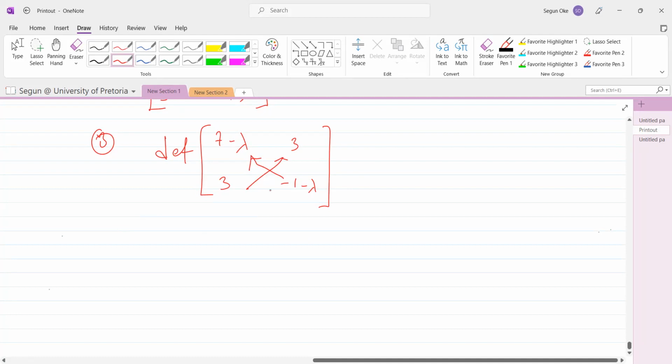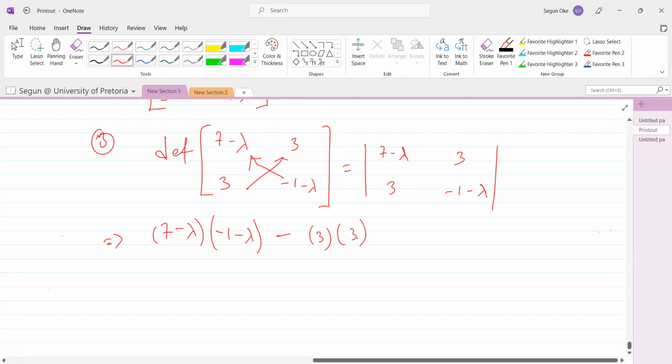So it's going to be the determinant of 7 minus lambda, 3, 3, minus 1 minus lambda. So it's going to be 7 minus lambda multiplied by minus 1 minus lambda, then everything minus 3 times 3, which is 9. You remember now.